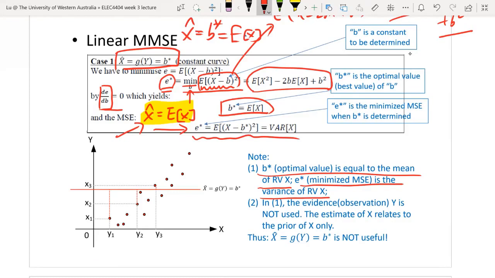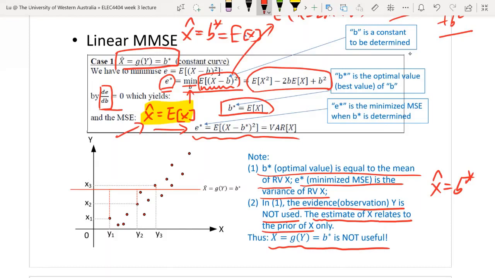In the x hat equal to b star, in this estimator, the evidence y is not used. The estimation of the x relates to the prior of the x only. In other words, this estimator is useless at all, because you are using the x variable information to get the x estimate regardless of y.